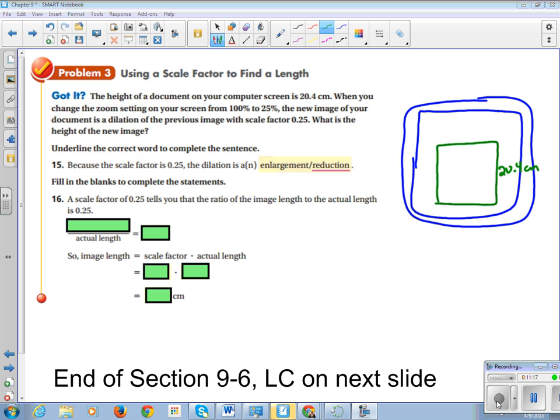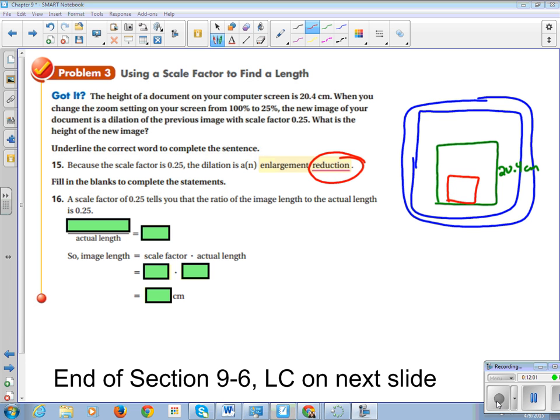When you change the zoom setting from 100% to 25%, the new image of your document is a dilation from the previous image with a scale factor of 0.25. So did it shrink or get bigger? Oh, he shrunk. 25%. Underline the correct word to complete this sentence. So because the scale factor is 0.25, which is less than 1, we had a reduction.